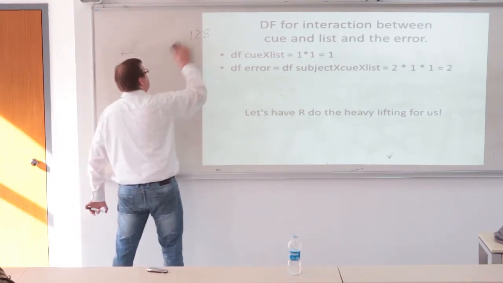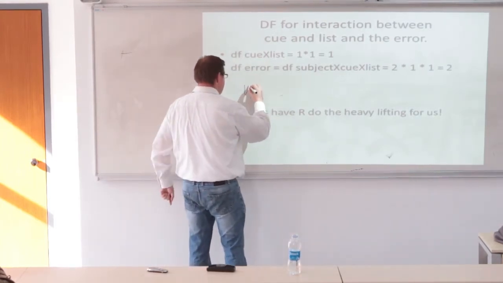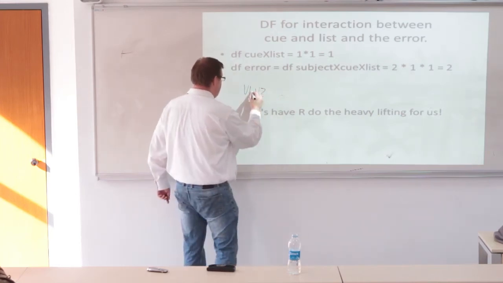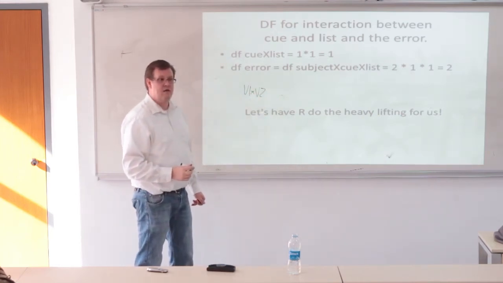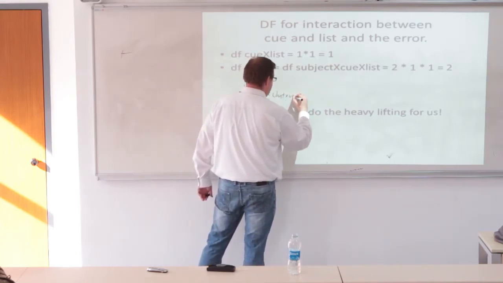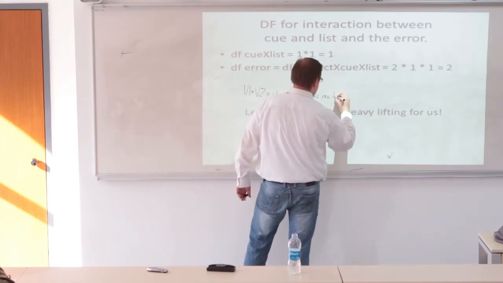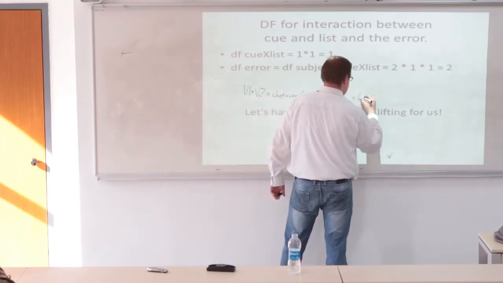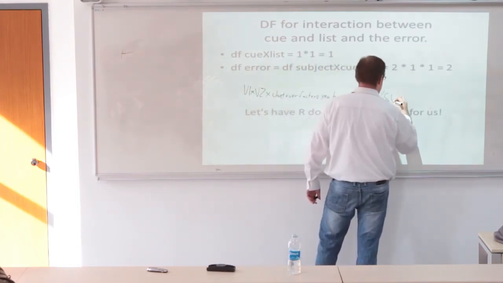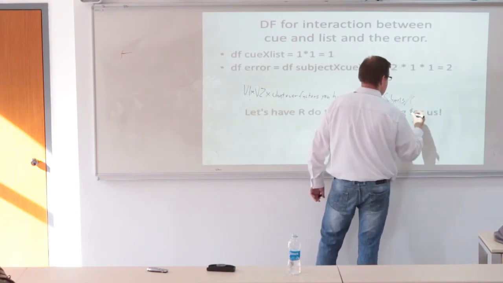DV multiplied by whatever factors we have, plus error, nested by these.